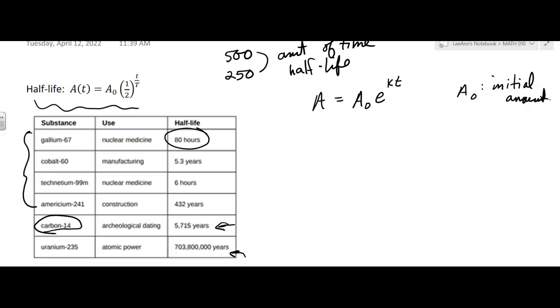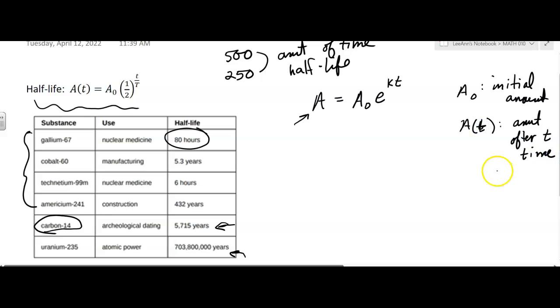When we're doing a half-life, the amount that we have at the end, A, or they'll call it A of t, is the amount after t time. So much time has passed, then that's the amount we have. And the little t is time.